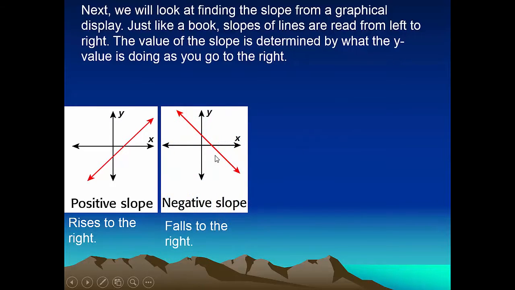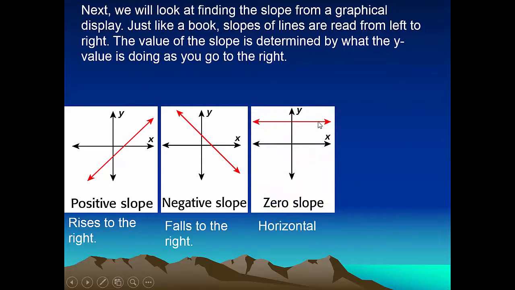Now we come to the next line here. If you notice, this line is going down when it comes to your y values. This is a negative slope, and it falls to the right. Next, if you notice here, we have a horizontal line. Whenever you have a horizontal line, that means that your y value stays the same.